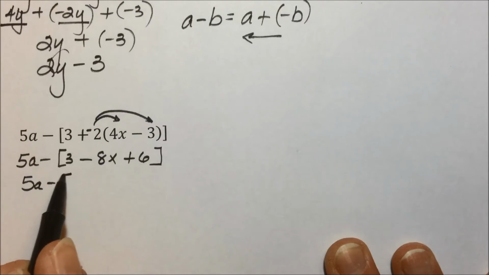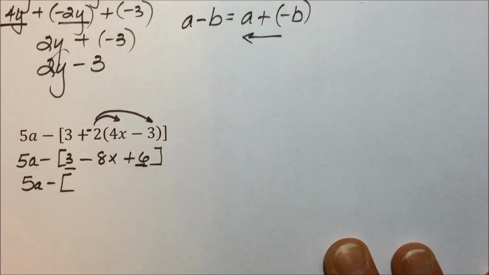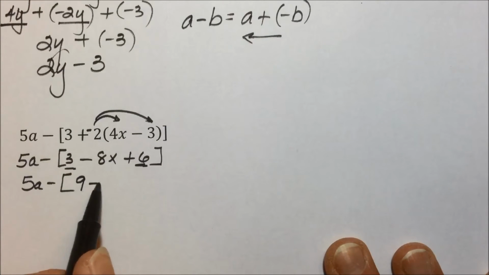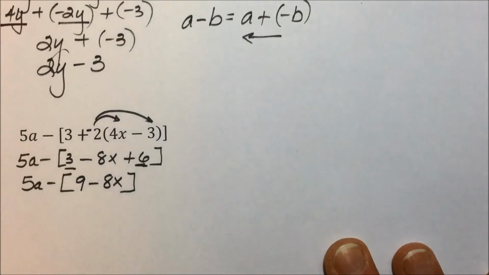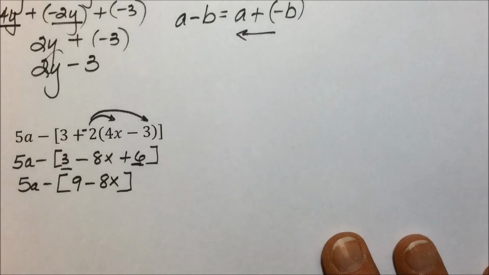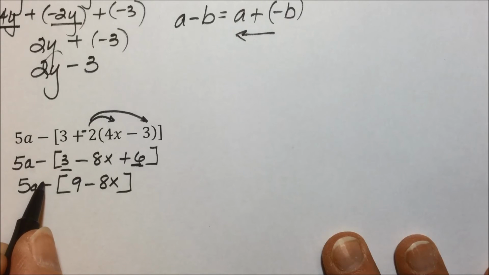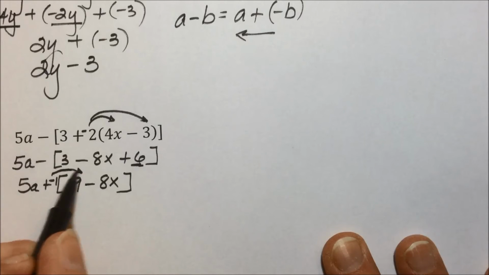Simplifying inside the parentheses by combining like terms, we have integers that can be combined. 3 plus 6 is a 9, and we still have the minus 8x. Then, looking to simplify further, we have a subtraction of a quantity like the last problem. If it helps to turn this into plus a negative 1 and distribute, that's fine.